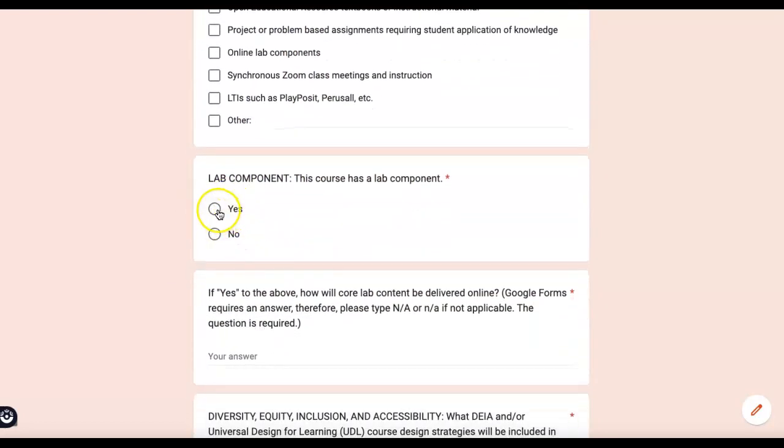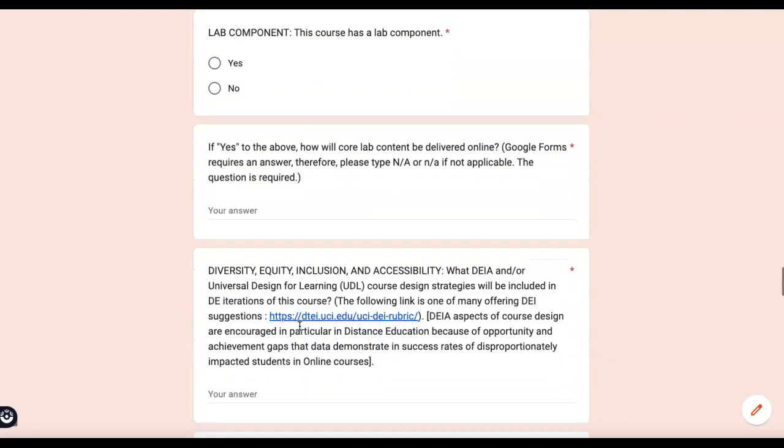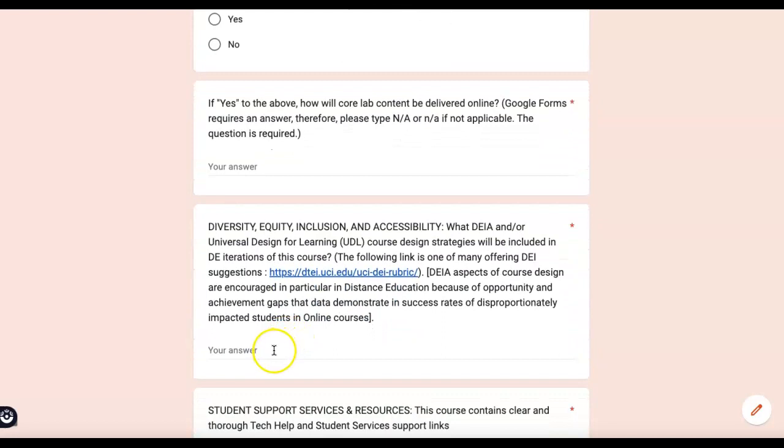If there is a lab component, you have to say yes, and then you have to describe how it will be met online. For diversity, equity, inclusion, and accessibility, this is about what strategies you're going to be using in your online version of the course in order to increase access for students, in order to increase inclusion, in order to increase equitable outcomes.